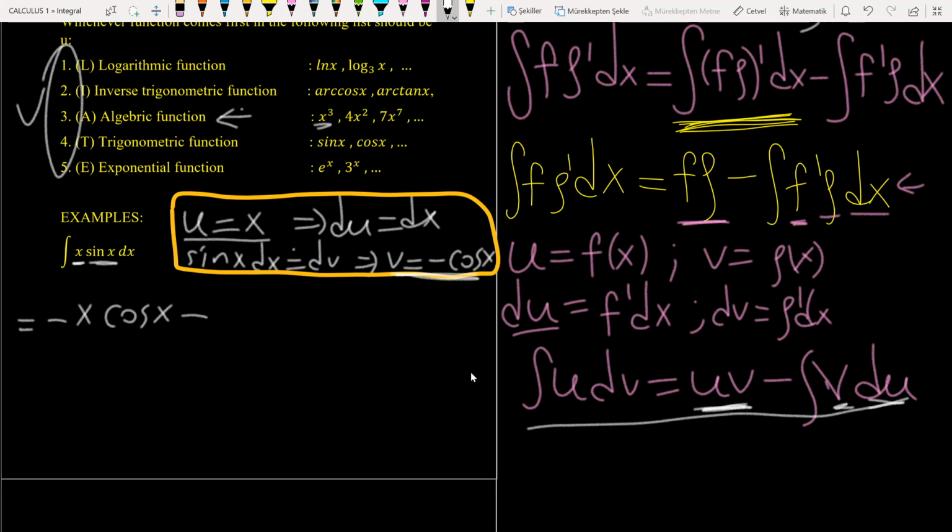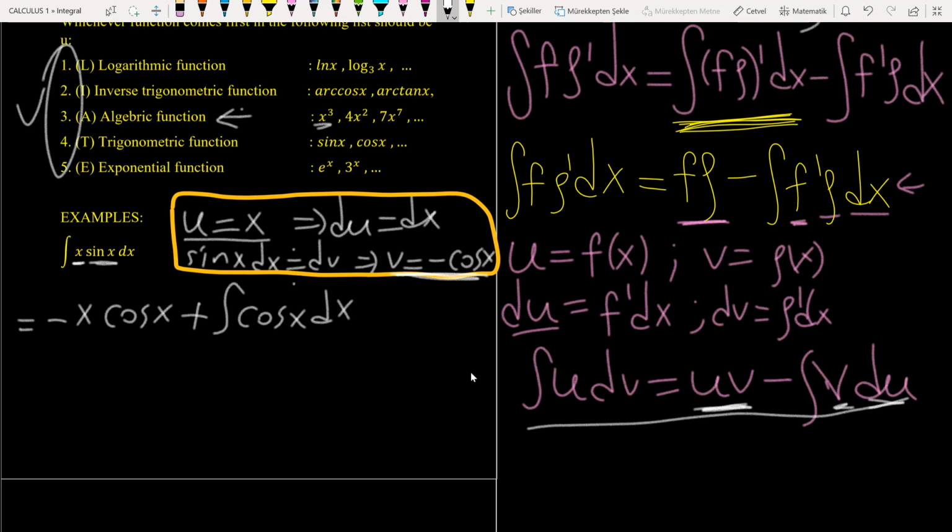v is minus cosine, so minus times minus gives plus the integral of v du. v is cosine, du is dx, so we have plus the integral of cosine x dx. The rest is just to solve this integral.